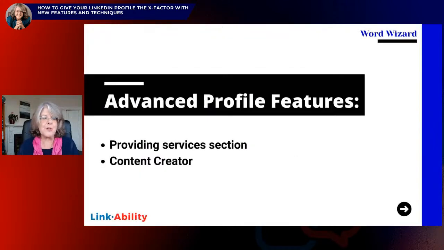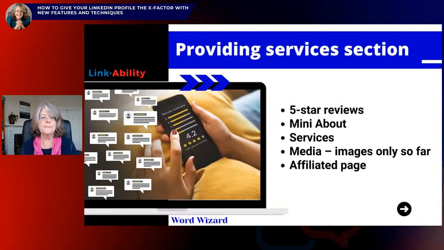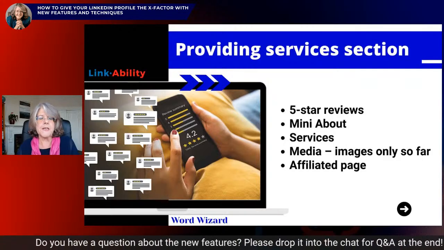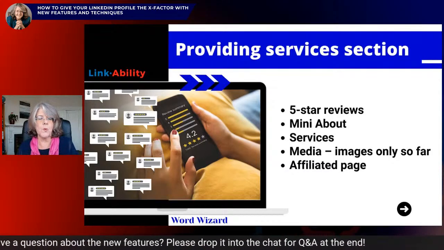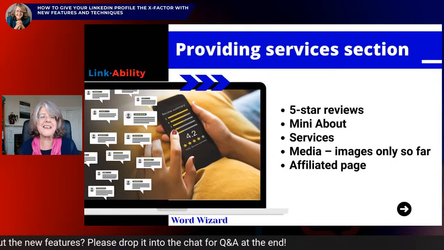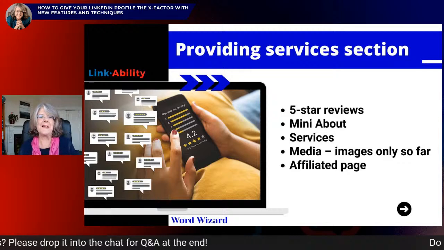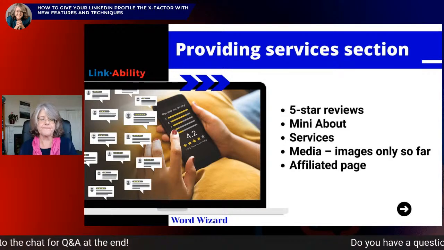From there, I'd like to move to the advanced profile features, and that is the providing services section and content creator. So let's look at providing services first of all. This is a section that sits in the top of your profile. Well, access to it sits at the top of your profile in your introduction.